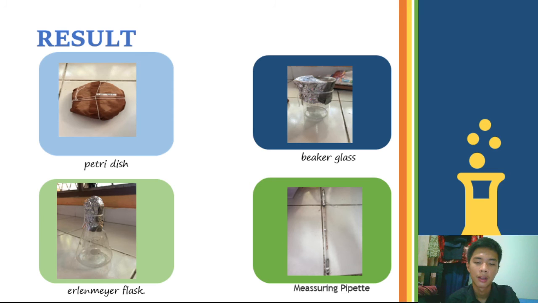And after that, when the sterilization is done, wait until the autoclave reaches room temperature and zero pressure. And then don't forget to take out the tools or glassware from inside the autoclave and put them into a sterile place.